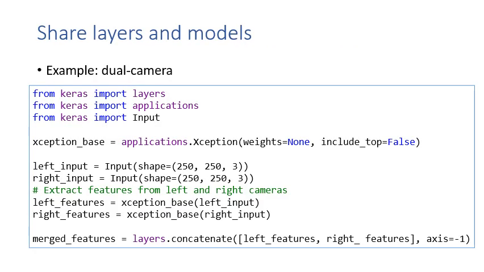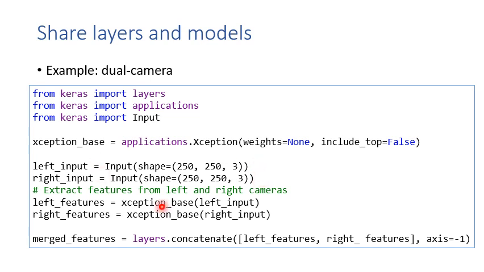We can combine the Keras functional API with a pre-trained model and share the layers and the models for different outputs. Here is an example of a dual camera image classification example. We use the pre-trained model of Xception, which was proposed by Keras author Chollet, and we will have two inputs from two cameras, the left input and the right input.